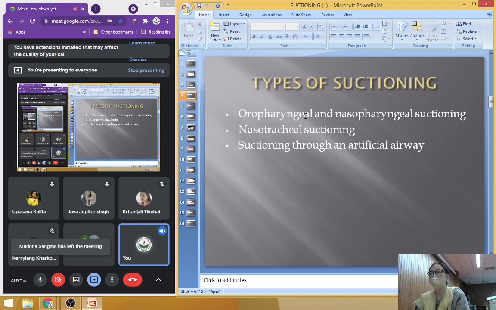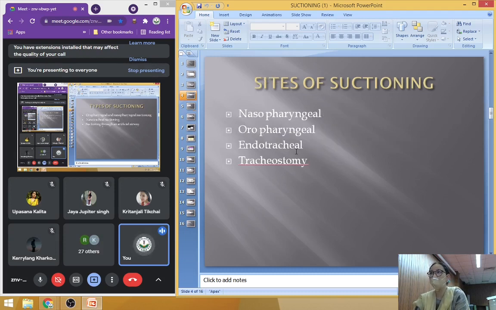Oropharyngeal means from the mouth it goes down to the pharynx. Nasopharyngeal, from the nose it will go down. We will introduce the suctioning catheter. Then nasotracheal, from the nasal again, and suctioning through the artificial airways. These are the different ways we use.